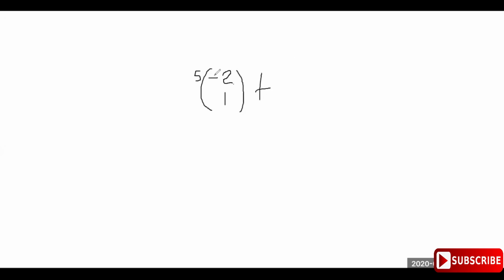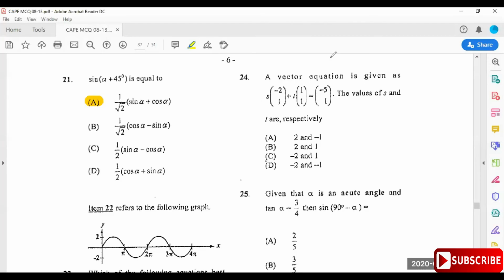So s times (-2, 1) plus t times (1, 1) is equal to (-5, 1).